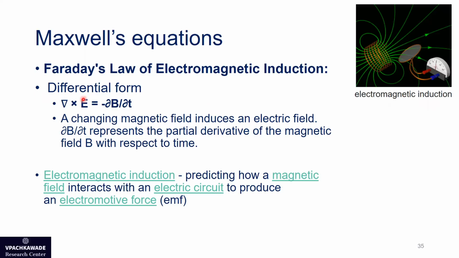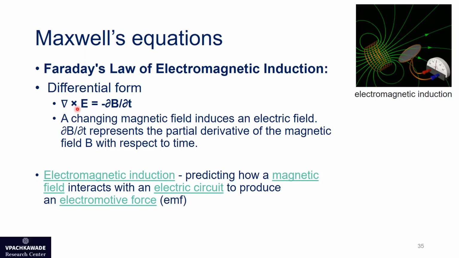So in the differential form, we can write it as del cross E. This cross sign indicates curl, that's the cross product actually.